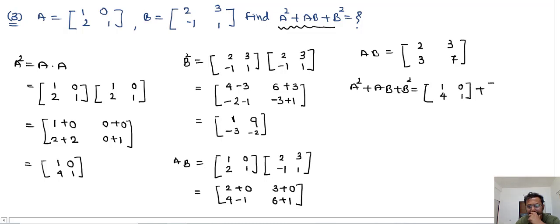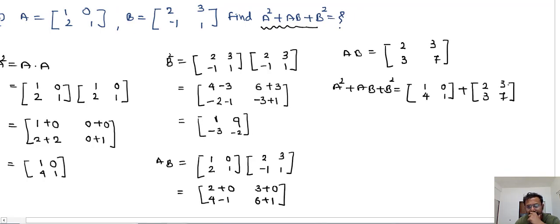Take the first element of all: 1 plus 2 plus 1. Second: 0, 3, 9. Third: 4 plus 3 minus 3. Fourth: 1 plus 7 minus 2. So here is 4, here is 12, here is 4 and here is 6. So that's your answer.